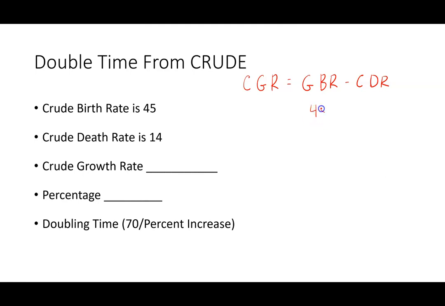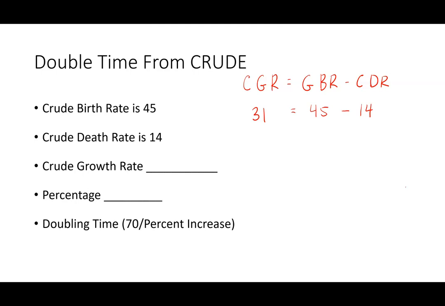So I gave you the 45. So a lot of people were born per 1,000, and only a few people died per 1,000. That means this population's growing pretty quick. My CGR is 31.